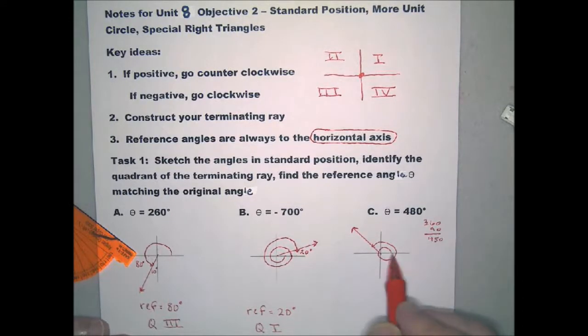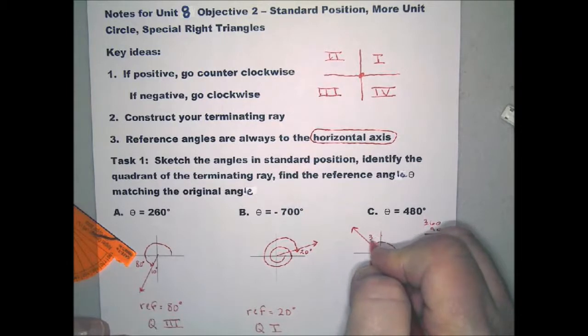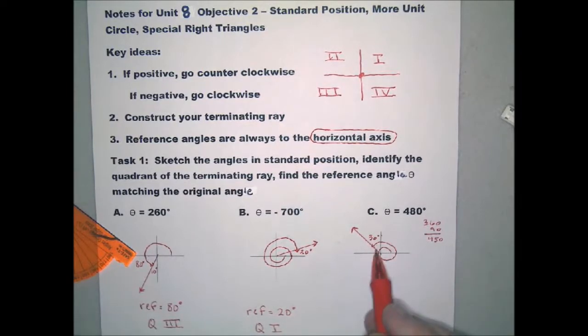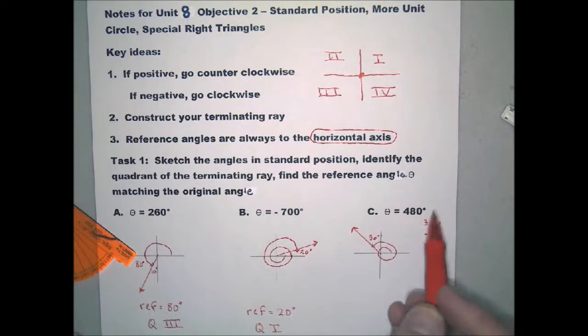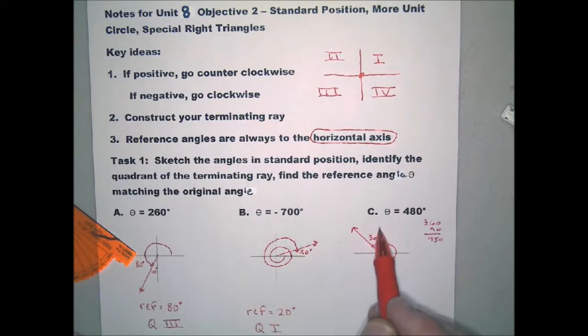Remember what I got? I went 360 all the way around plus another 90, which was 450, and then I stopped at 480, which means this is a 30-degree angle right here. But reference angles are always on the horizontal axis. So again, I was on the vertical axis when I passed this.